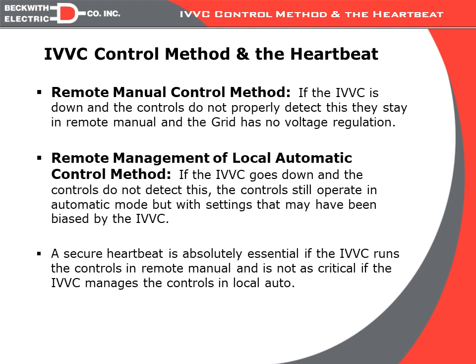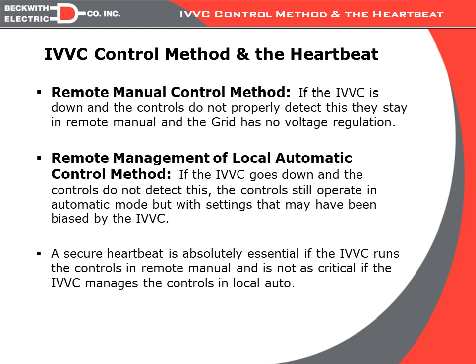So, with the remote manual mode, as we said, heartbeat is critical because if SCADA goes down, we stay in remote manual, we have no regulation. In the remote management or the remote bias mode, it's not that critical because we still do have settings.